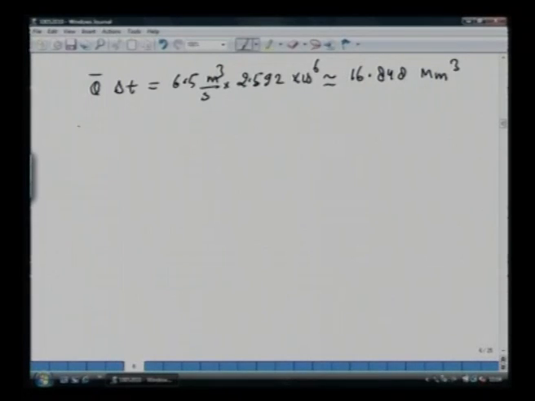The other component is P times A, which would be 14.5 centimeters over 100, in meters.